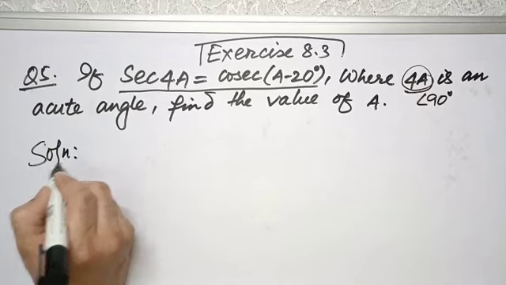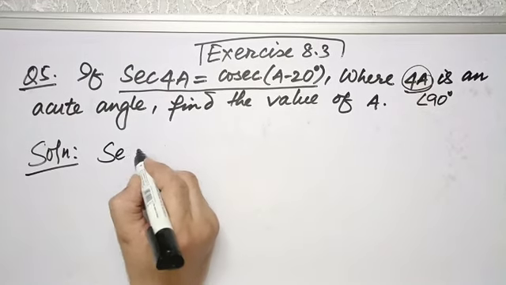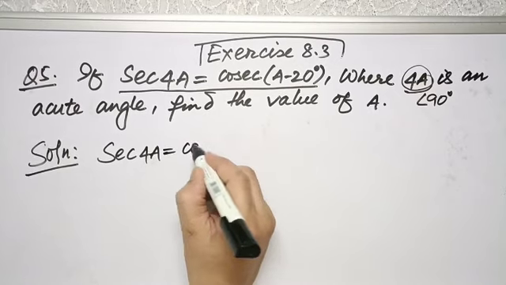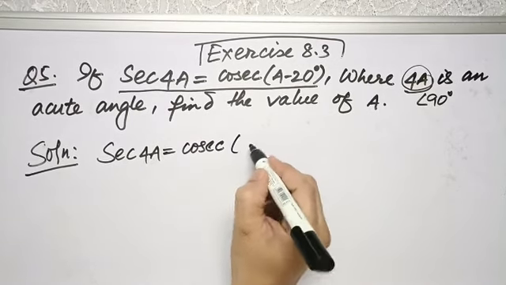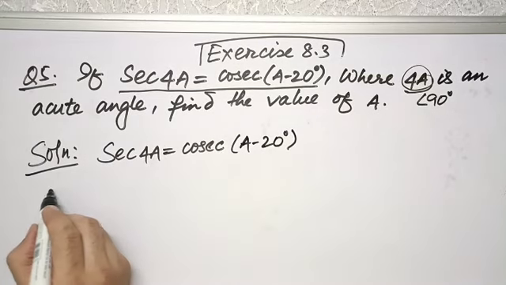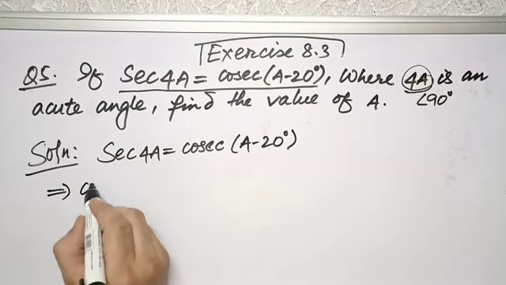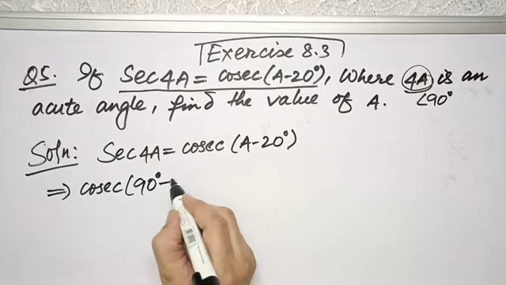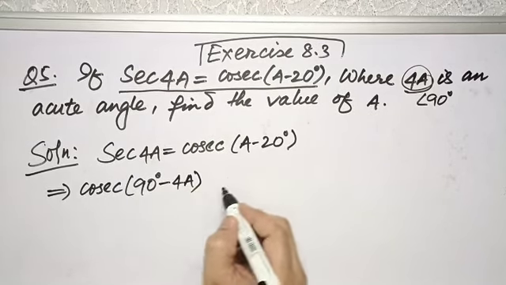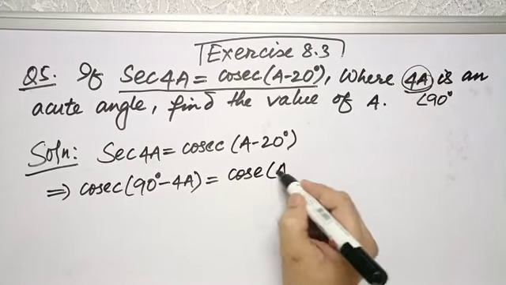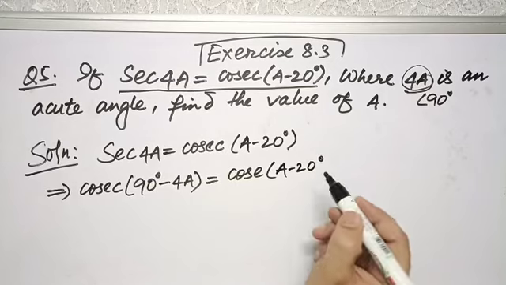Let us copy this first: sec 4a equal to cosec (a minus 20 degree). We'll change the sec to cosec, and this is very easy to change. 90 minus 4a will be your left hand side, and cosec (a minus 20 degree) will be written as it is.